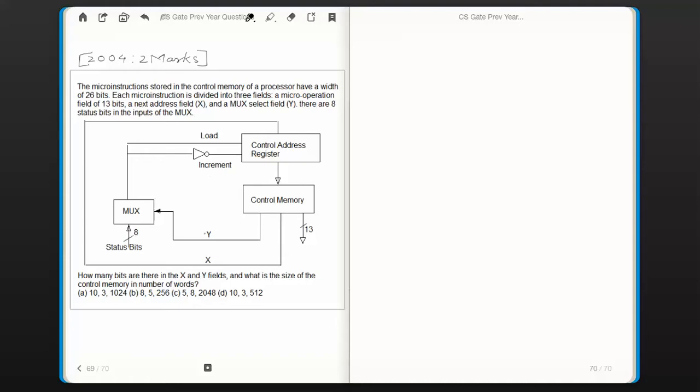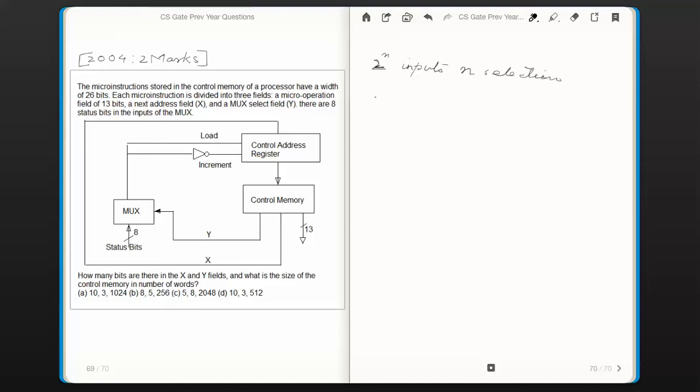Now let us find out the width of the Y field. The mux has 8 inputs, so for selecting one of these 8 inputs we would need 3 bits of select lines. That means the width of the Y field would be 3 bits. In general, if there are 2 to the power n inputs in a mux, then n select lines are required for selecting one of them.